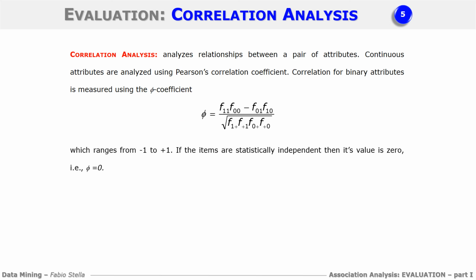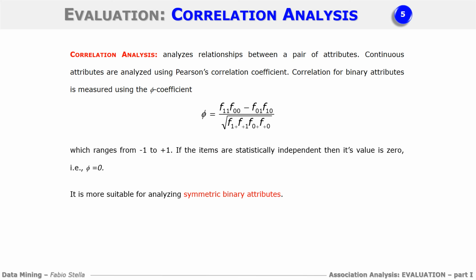In particular, the phi coefficient ranges from -1 to +1. If the items are statistically independent, then its value is equal to 0. This means that phi is equal to 0. It is more suitable for analyzing symmetric binary attributes, so those cases where the presence and the absence of the item is equally relevant.